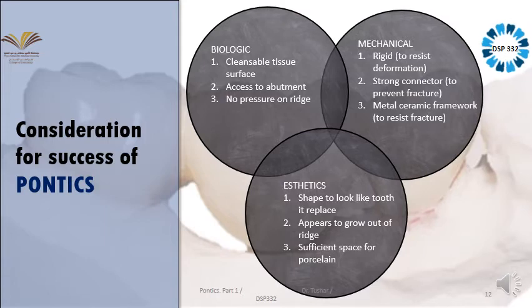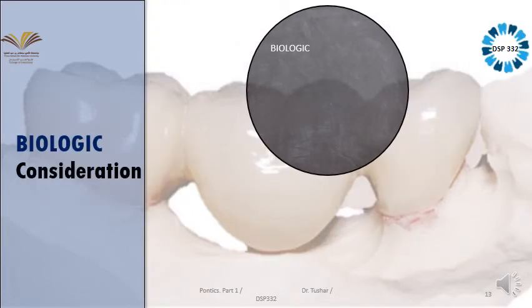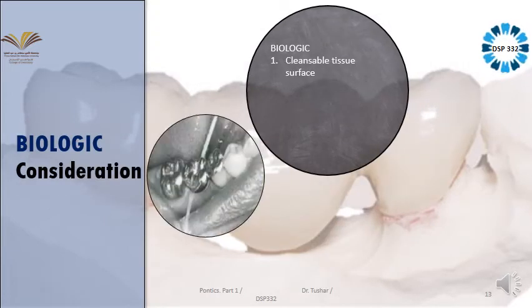Now we will see the considerations in depth. First is your cleansable tissue surface. As you can see in the picture, we are cleaning the convex surface of the pontic with the help of floss.